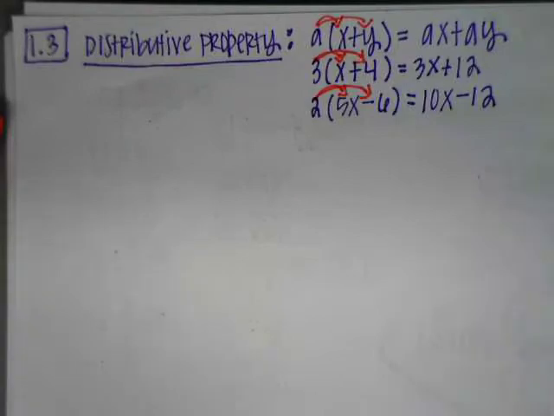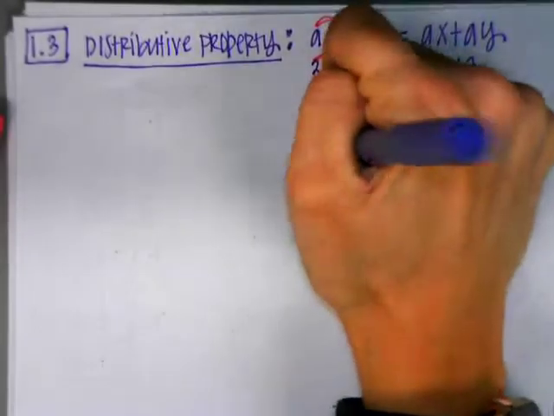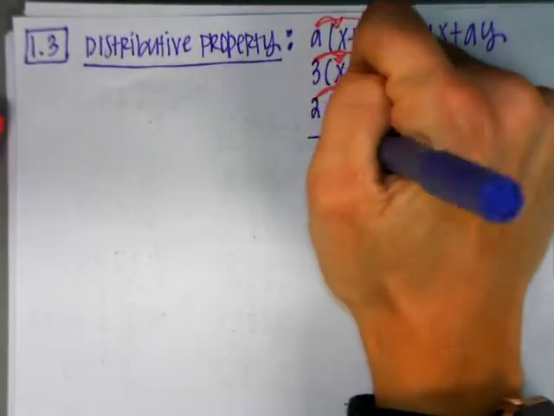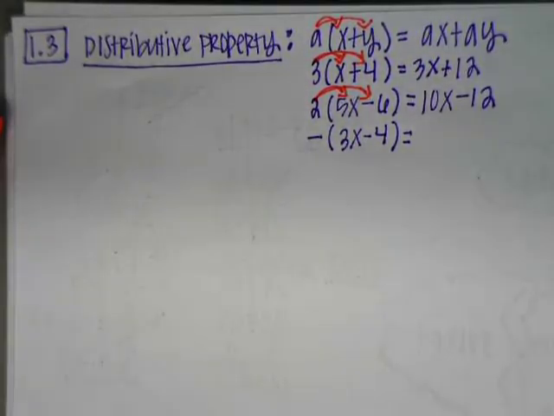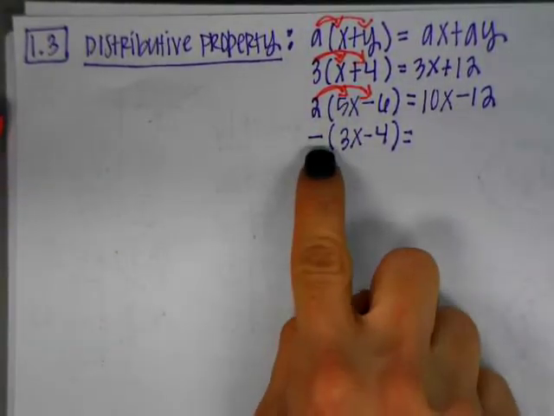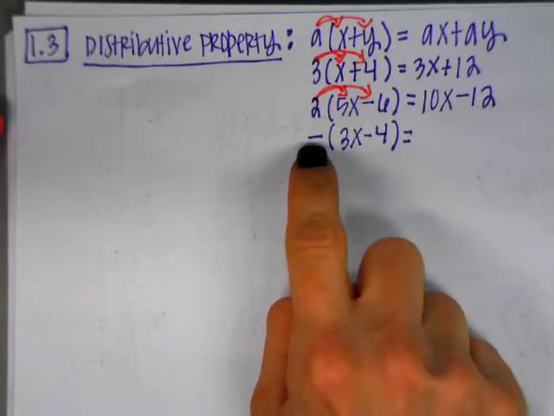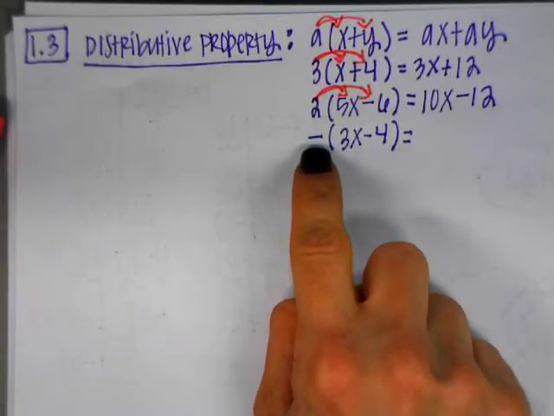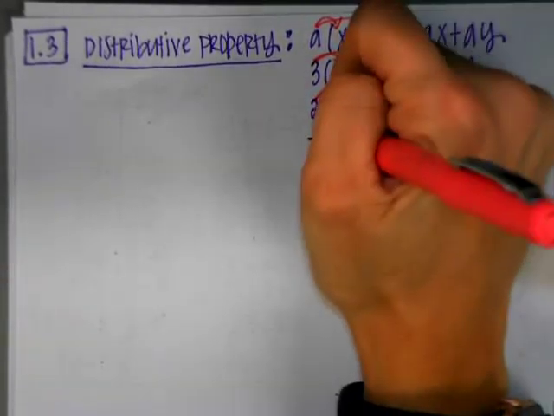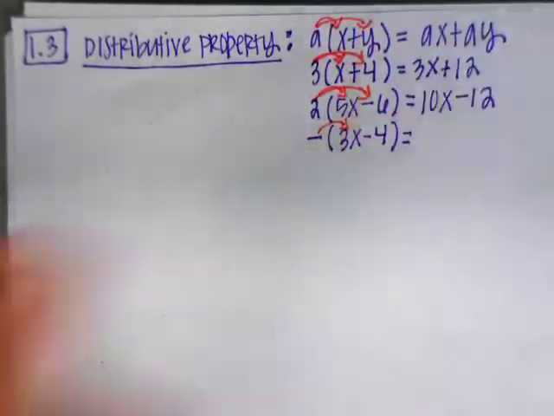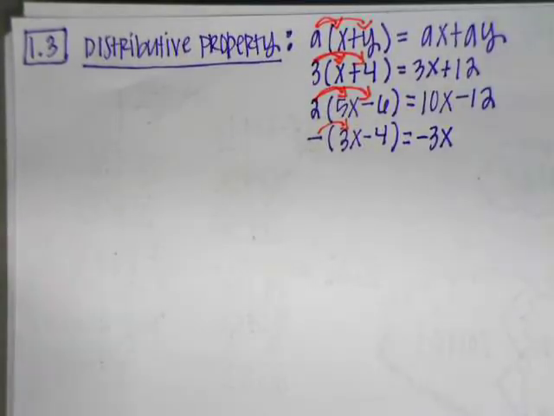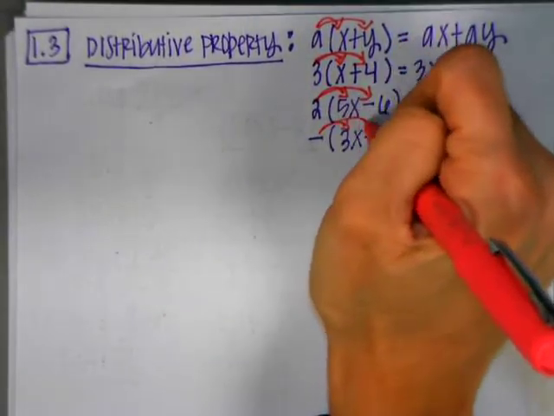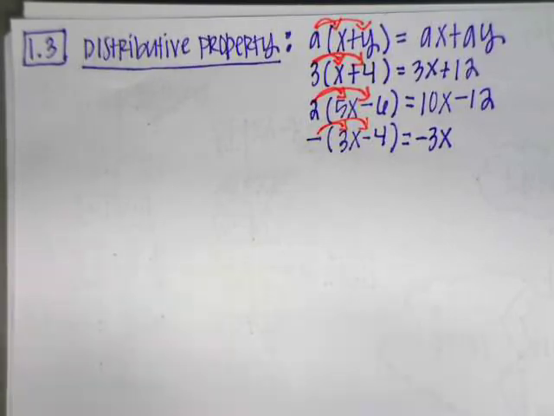Let's do one more. So if you just have, let's say, a negative sign on the outside. So here, what number is that technically? Just a negative. A negative 1, right? So you're going to do negative 1 times 3x, which is what? Yep, negative 3x. And then negative 1 times negative 4 is positive 4, right?